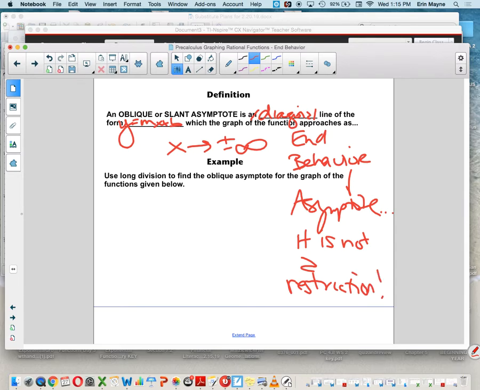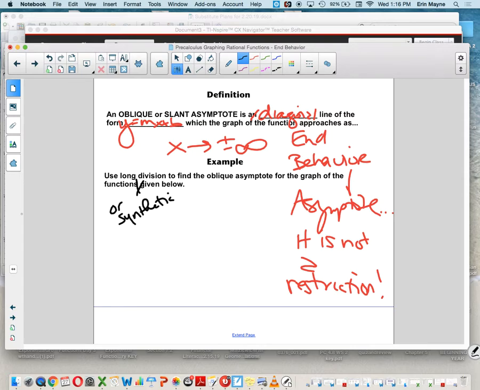So, I'm going to give you 2 more really quickly that I'd like you to do to find the oblique asymptote. You can use long division for these or synthetic, whichever is legal.